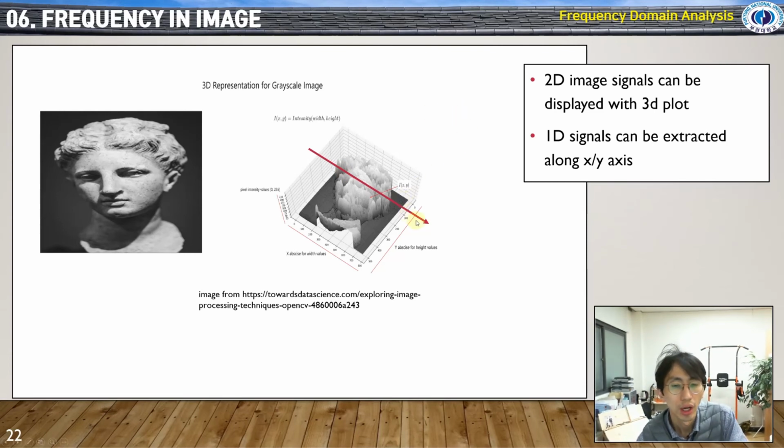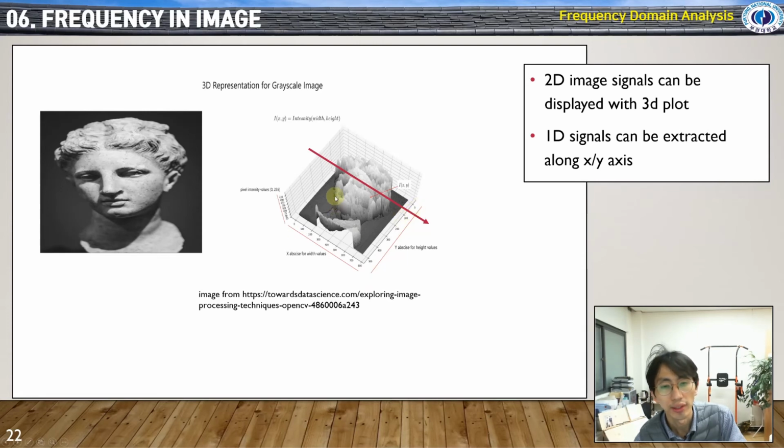So to analyze the frequency in this image, we will draw an imaginary axis and we will get the signal according to the axis. For example, let's say this is the x-axis and this is the y-axis.